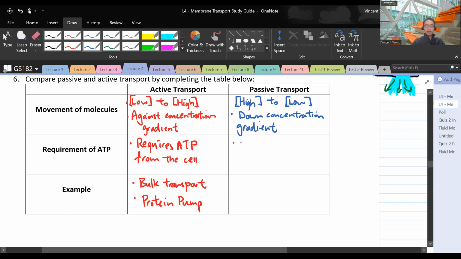And because it's going downhill, this one does not require ATP from the cell. Something else is powering it. Does not require ATP.